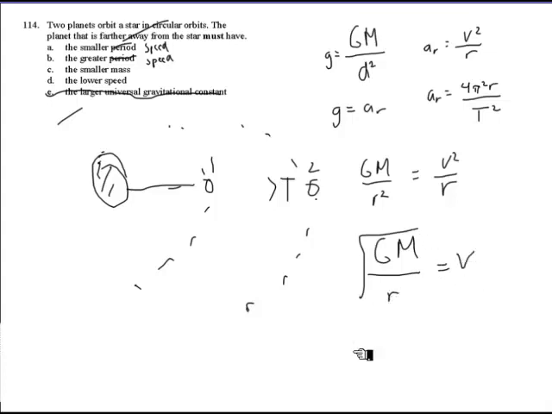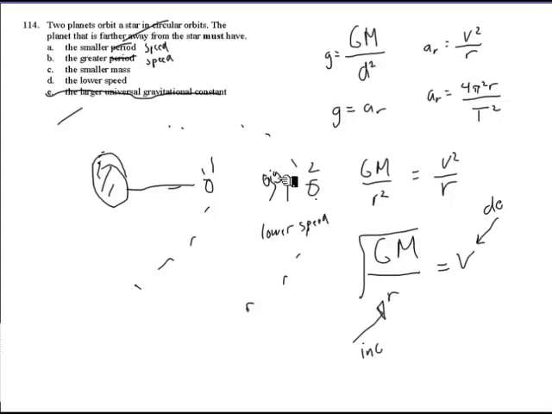If I make this bigger, what happens to this? If you're not sure, just make up two sets of numbers and plug in. But if you make this bigger, you make the denominator bigger, so you're dividing by a bigger number, so this side becomes smaller. So as this increases, this decreases. So this one would have the lower speed and the bigger period.